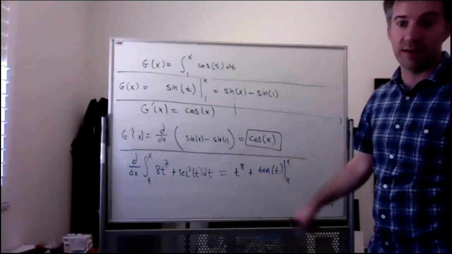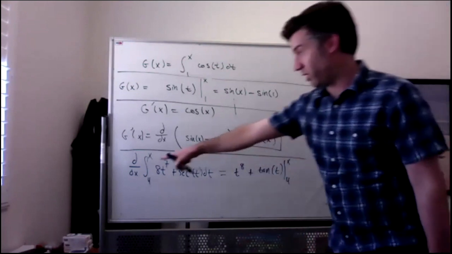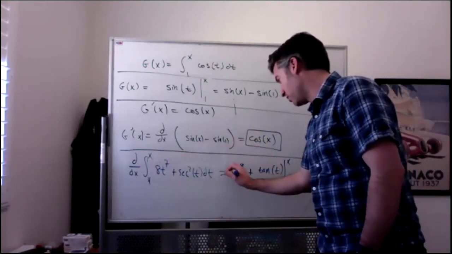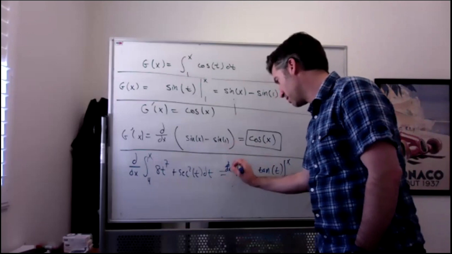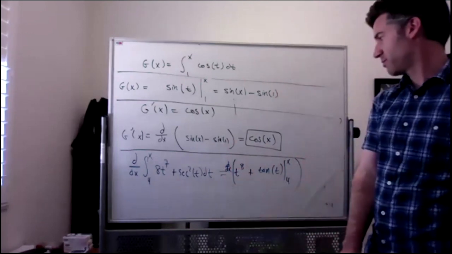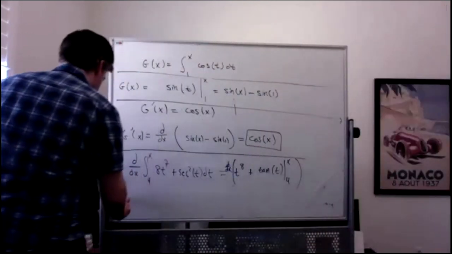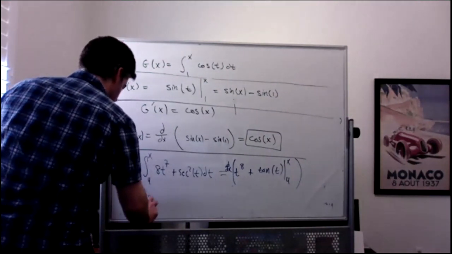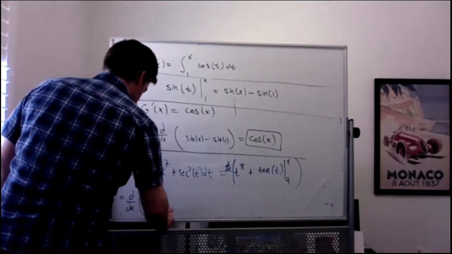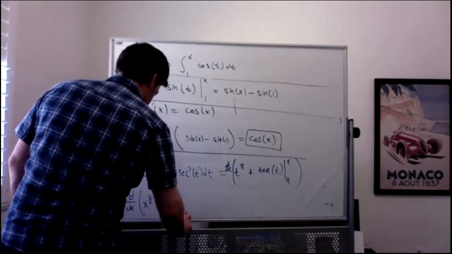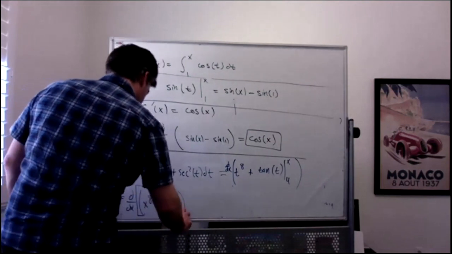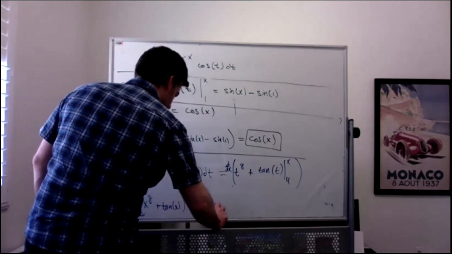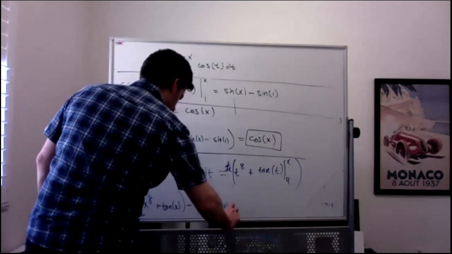Oh, I forgot something. I forgot to write the derivative, right? I haven't taken the derivative yet. I've taken the integral. So I should still write the derivative of all of this. And then that's going to be the derivative of x to the 8th plus tangent of x minus 4 to the 8th plus tangent of 4.